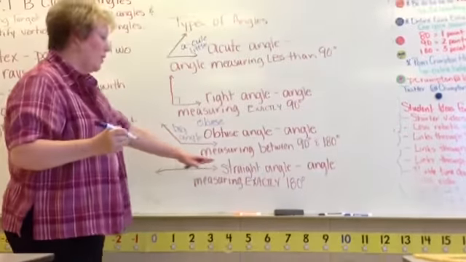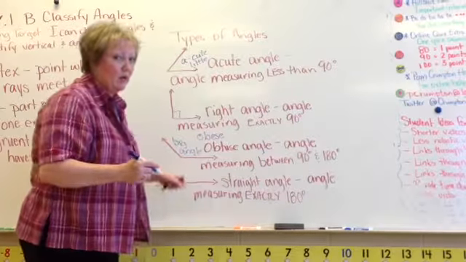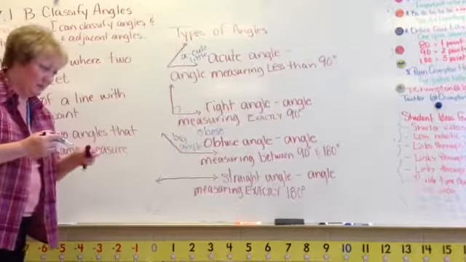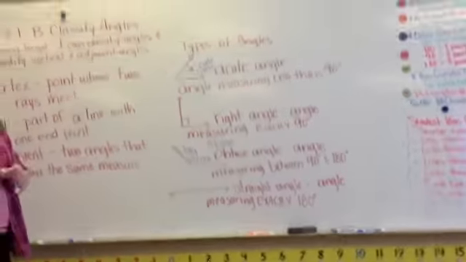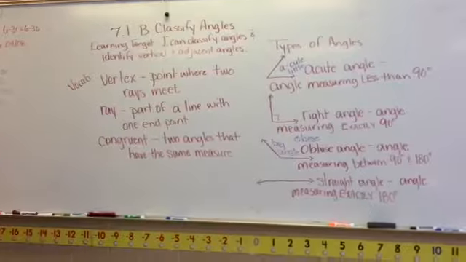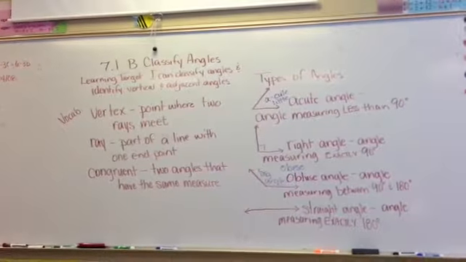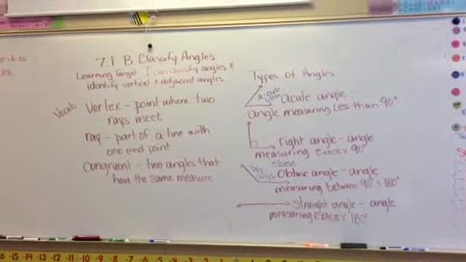And of course a straight angle, hopefully you'll associate straight line with straight angle, and they're both straight. Alright, make sure you get your notes and your vocabulary for these. Pause the video if you missed a definition, and make sure that you go back and write that down, because like I said, you will have a vocabulary test.